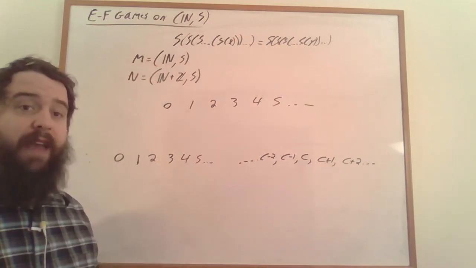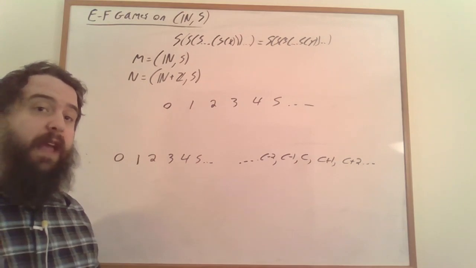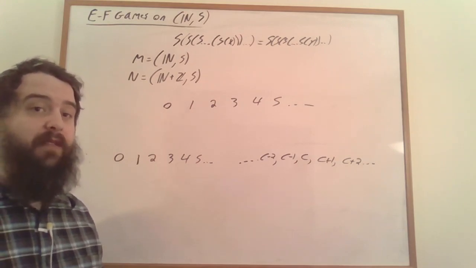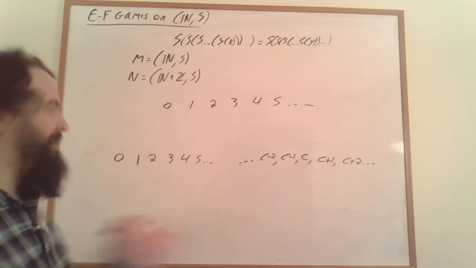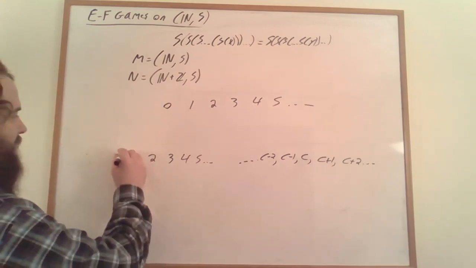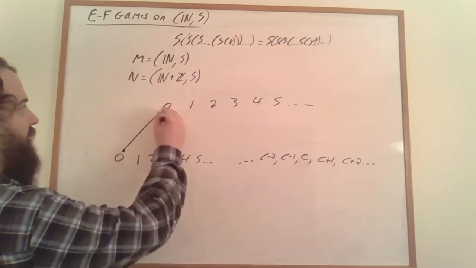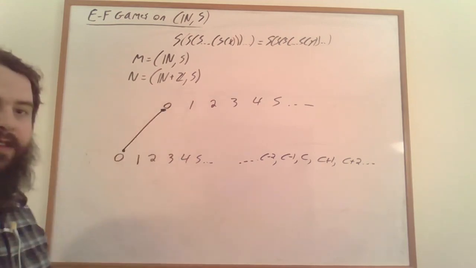It should be the case that for any n, duplicator wins the EF game of length n between these two structures. However, let's say spoiler plays here at 0, and duplicator wisely matches it to 0.